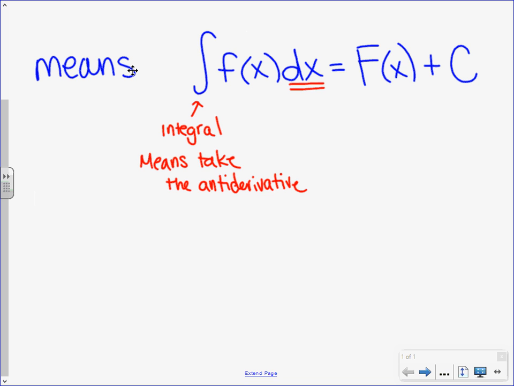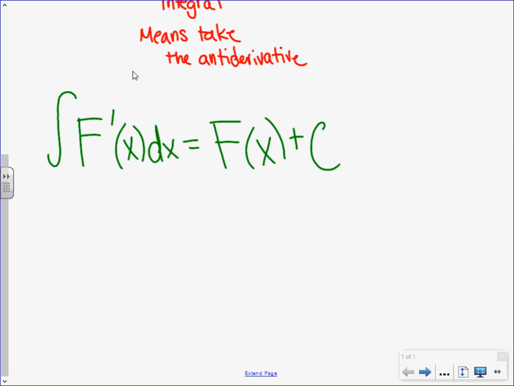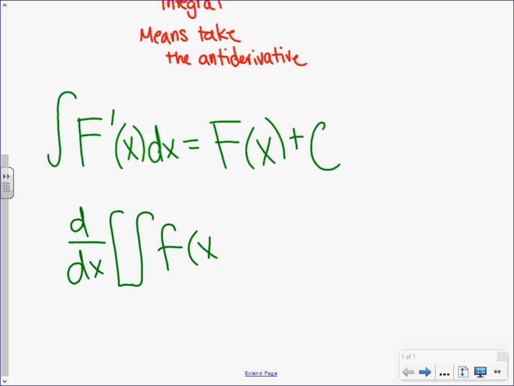So if we have the antiderivative of a derivative, we're going to be left with the function. Or if we have the derivative of an antiderivative, then we're going to be left with the function.